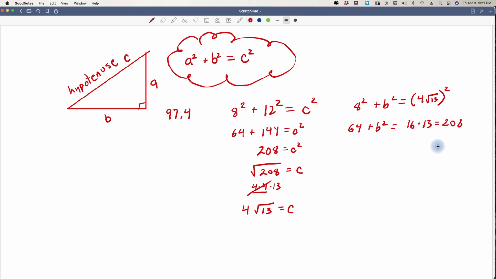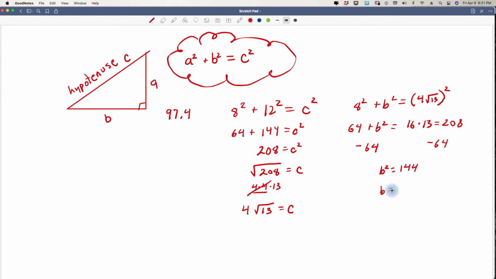And that is 208. So we subtract 64 from both sides, and that leaves us b squared equals 144, because 208 minus 64 is 144.